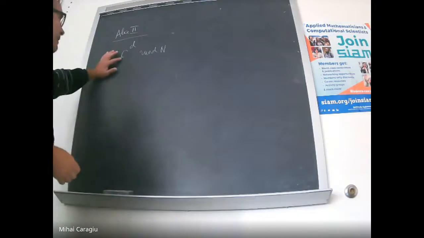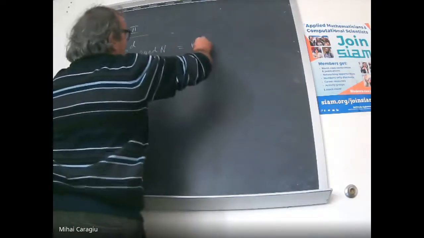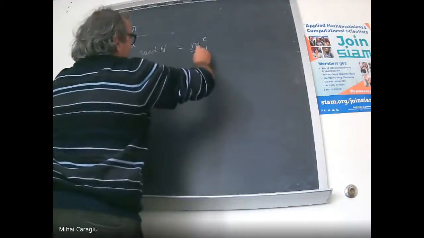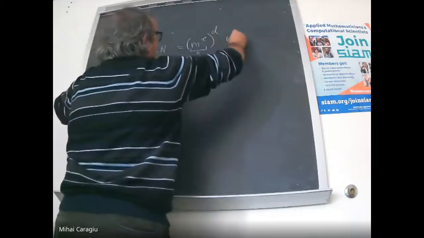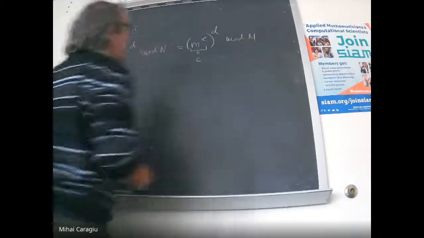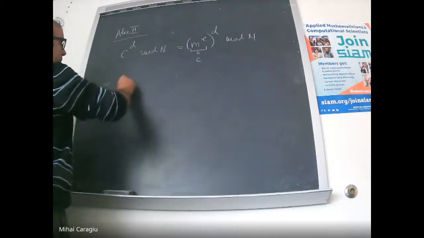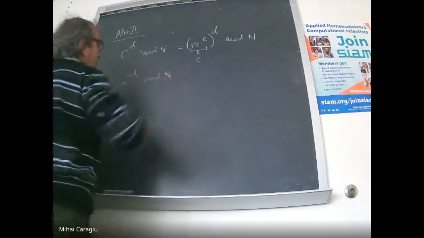But C is the ciphertext she receives from Bob, and this will be m to the power e, the ciphertext, everything to the power D mod n. This will be, by the law of exponents, m to the power ED mod n.